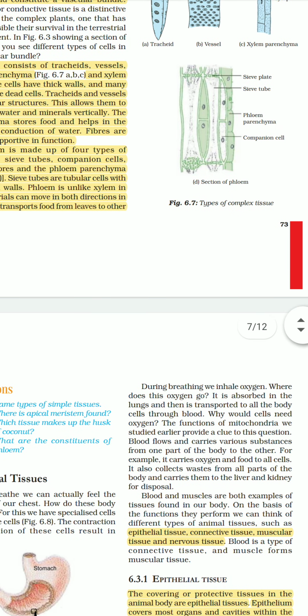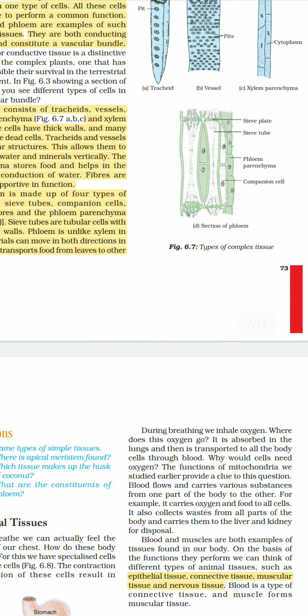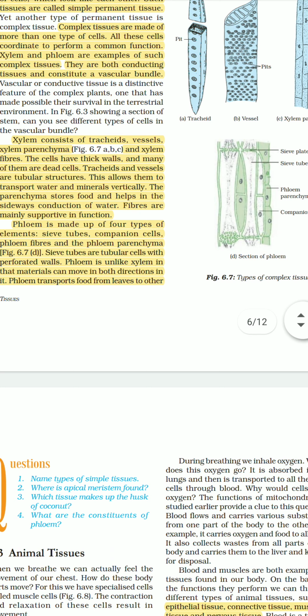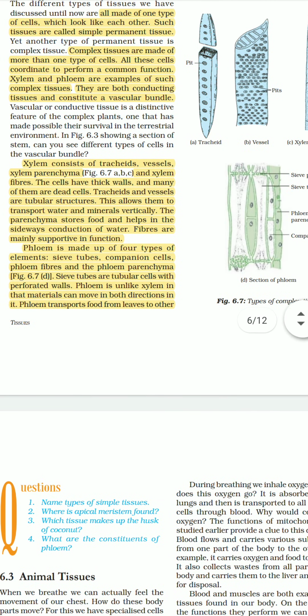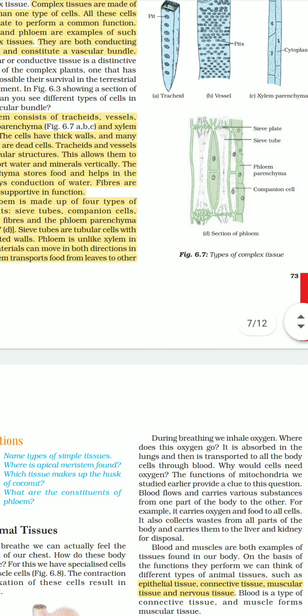Again you can see here, this is the picture of phloem. You can see sieve plates, sieve tubes, phloem parenchyma and companion cells. As you can see, companion cells, companion means sathi, friend. So it actually gives company to phloem parenchyma and sieve tubes, so that it can help in the transportation of food.